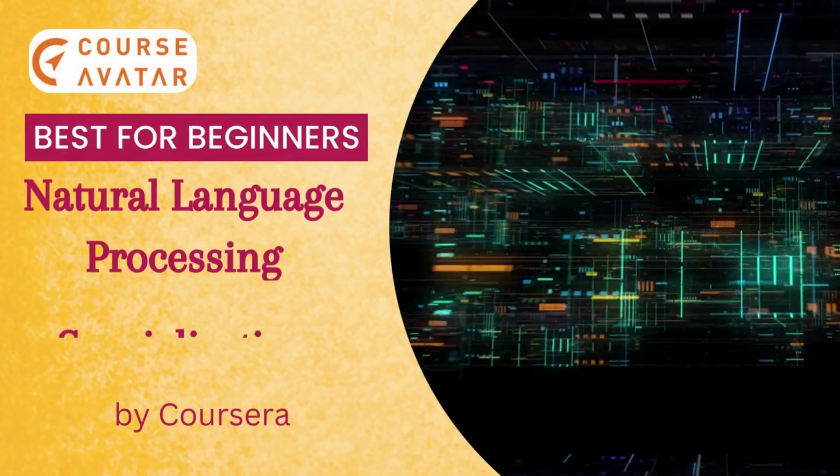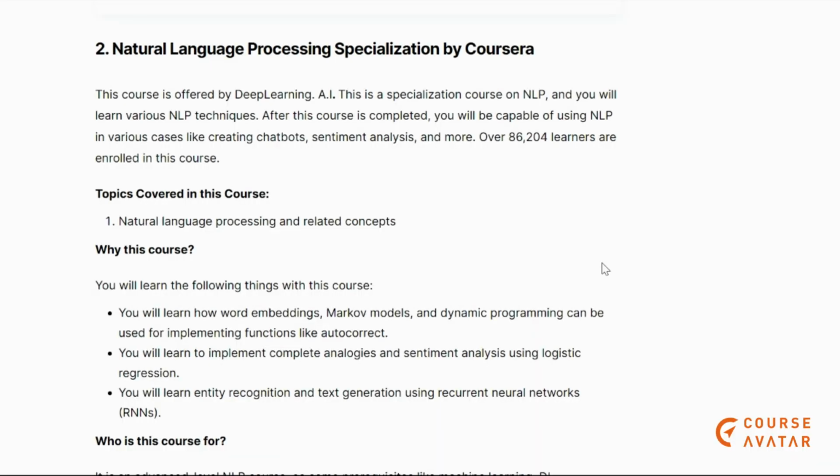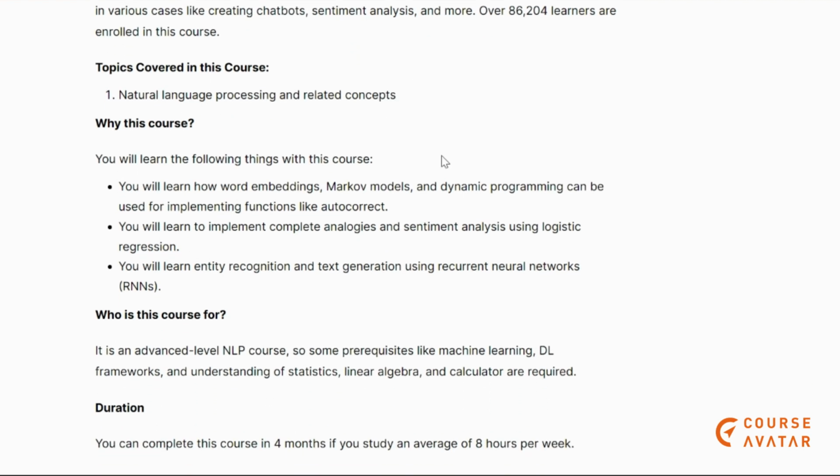Our next course is the Natural Language Processing Specialization, provided by Coursera. Here you will learn all the concepts related to NLP. After completing the course, you will be very capable of using NLP in various cases like creating chatbots and sentiment analysis and many more things.